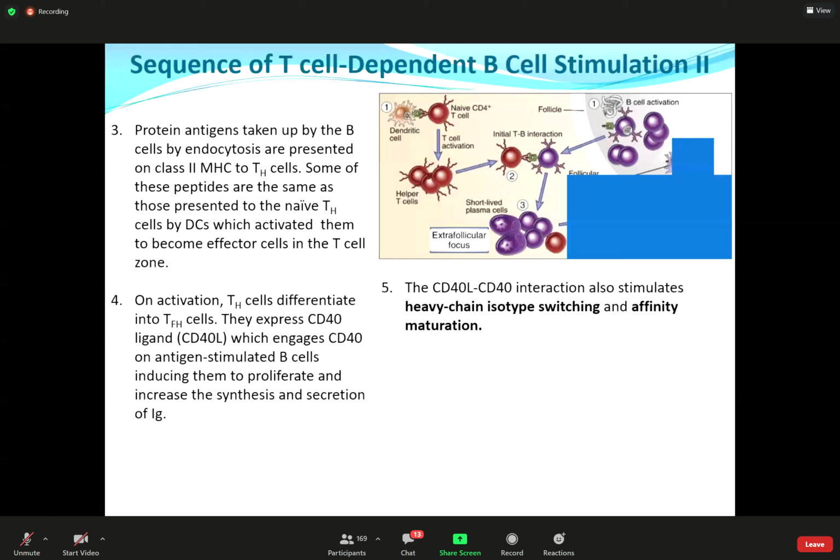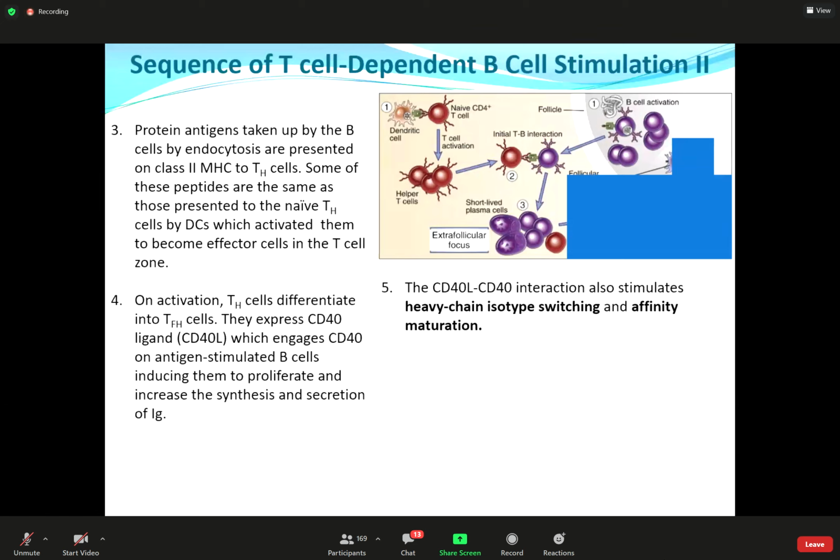So the CD40 ligand is important as a cross communication between the T helper cell and the antigen presenting cell, predominantly macrophages and B cells. In other words, through CD40 ligand, the antigen presenting cell not only activates the T helper cell, but the T helper cell also activates the antigen presenting cell.